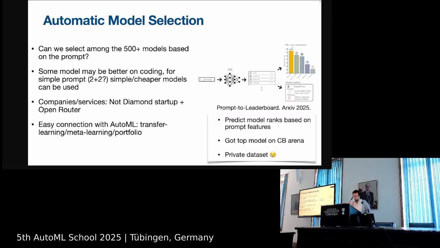And so there is space, I guess, for startups and also for research. There is still a lot to do. For instance, in AutoML, there are very good techniques of transfer learning, meta learning, portfolio, which all could be used to improve this model selection.